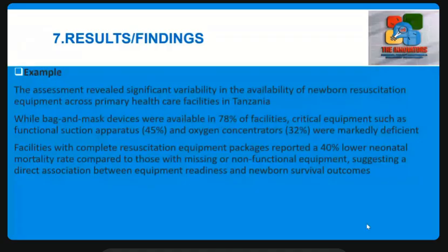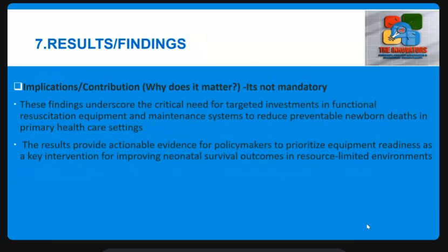So this is the summary of a good result or finding when writing a good manuscript abstract for scientific publication.